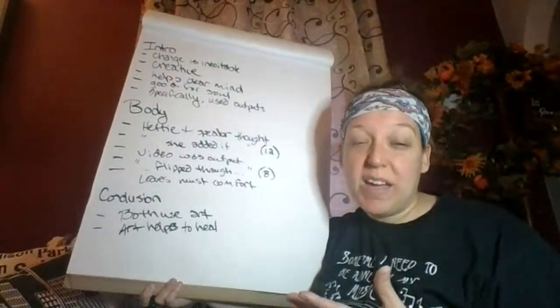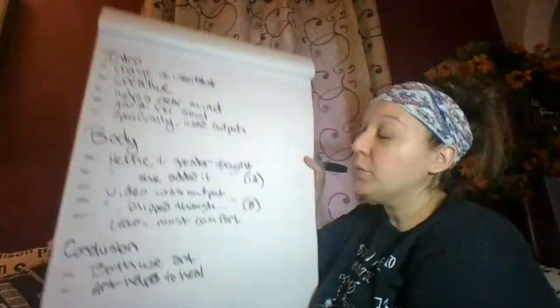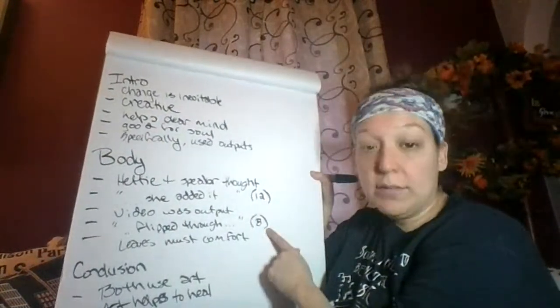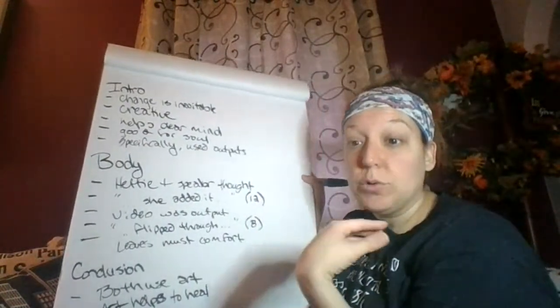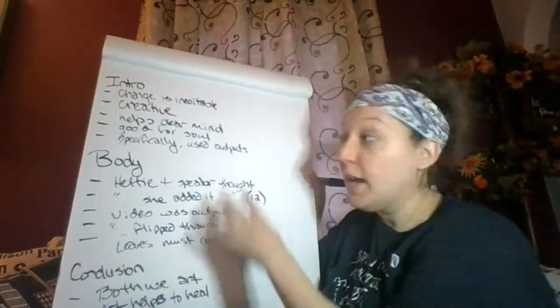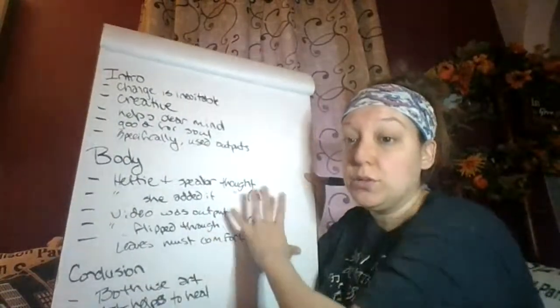This probably would have taken me 5 minutes had I just sat down and written it out, right? And in here, I've also included some text evidence where I've reminded myself of where I can find this stuff so that when I go to write the actual paragraphs, I already have what I want to talk about here on my eye chart to put into my paragraphs, okay?